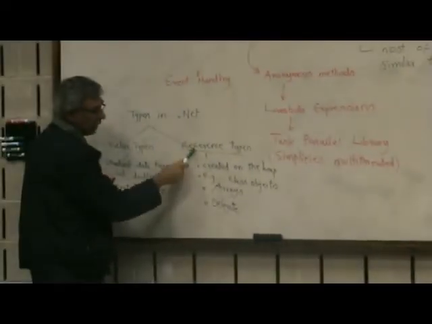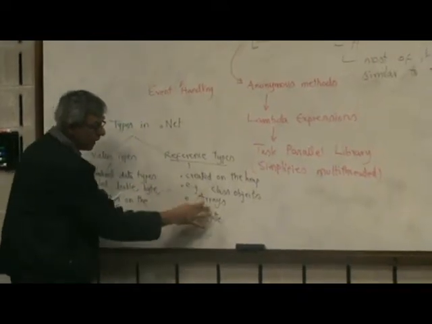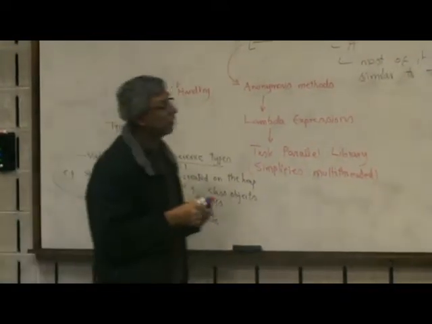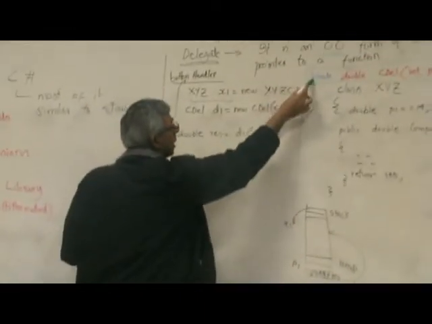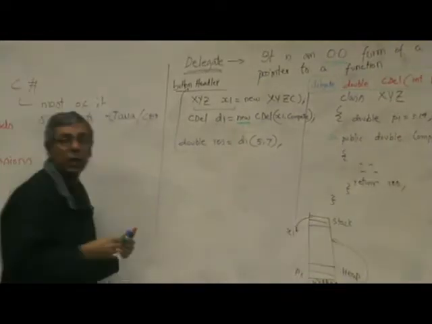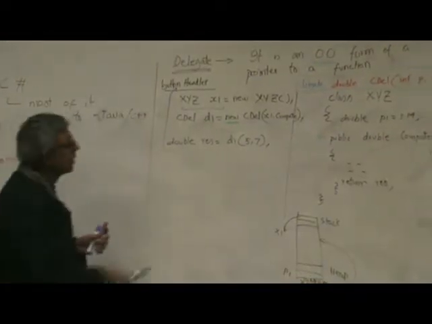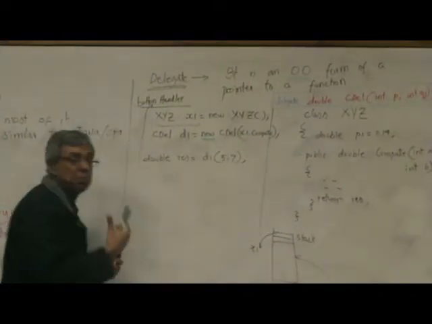Delegate is a reference type, meaning once you want to use it, you have to create it on the heap. So take a look over here. Once we declare the delegate, we use the new keyword, correct? So that we can allocate the memory for it on the heap. And the constructor for a delegate cannot be left blank.